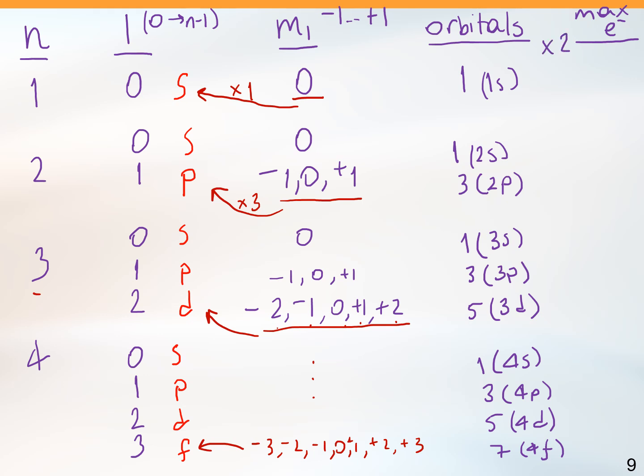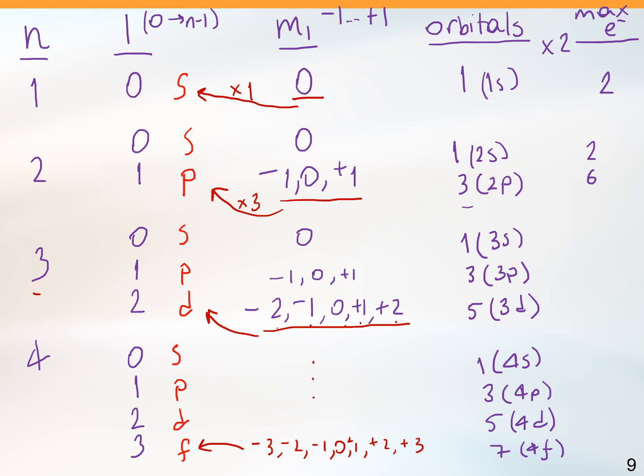So one orbital of 1s type can take 2 electrons. One orbital of the 2s type can take 2. 3 orbitals of the 2p can take a total of 6, because 3 times 2 is 6. Total of 8.